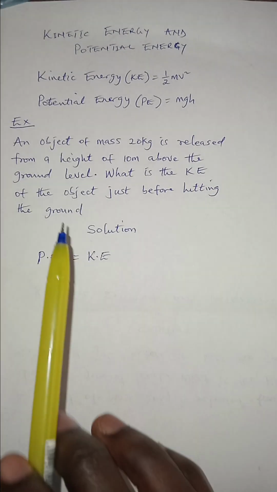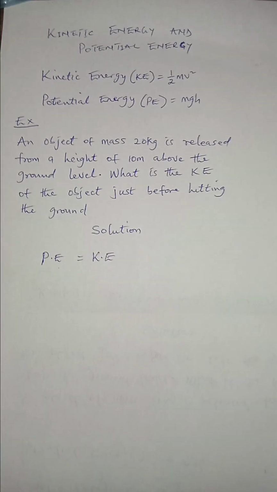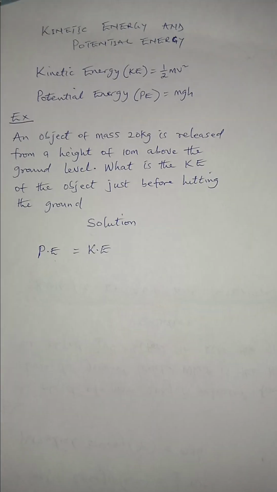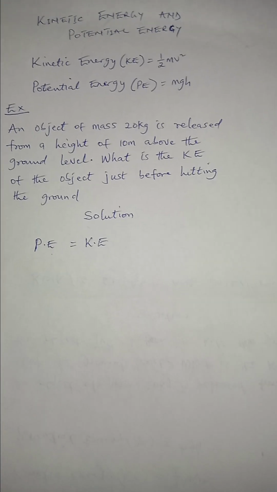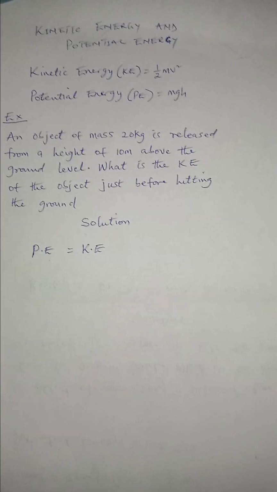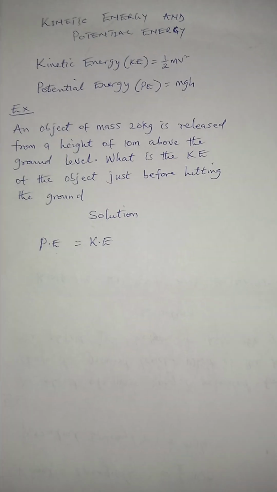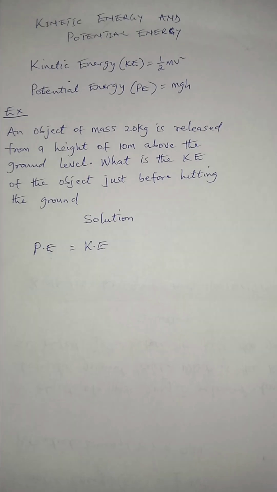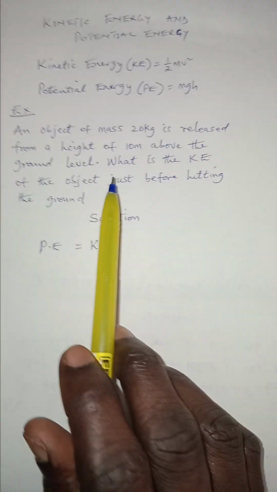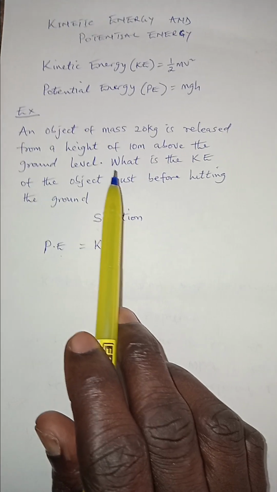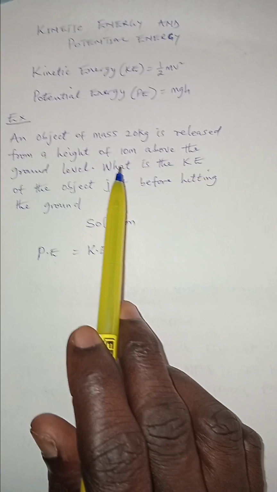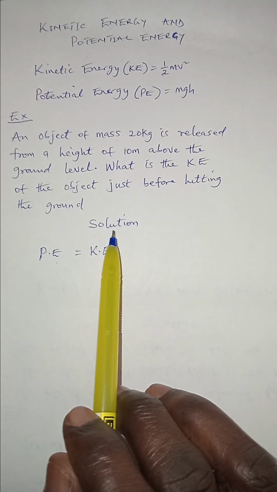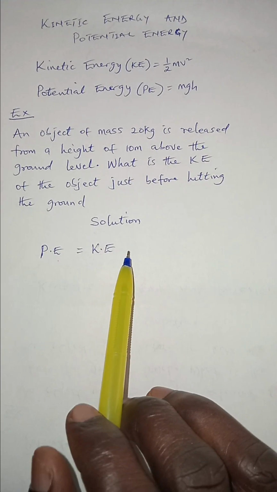Now, when a body is at a level above the ground, it possesses potential energy. But as it begins to fall, the potential energy will be transformed to kinetic energy. So when this body is at 10 meters above the ground, it possesses potential energy, and as it falls, the potential energy will be converted to kinetic energy.